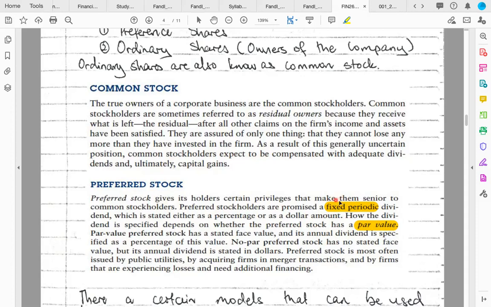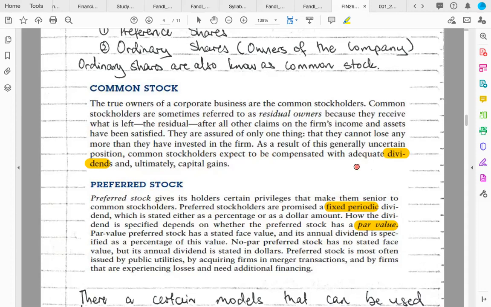You touch upon different types of preference shares if you keep studying financial management, but for now you just have to know that preference shareholders receive a fixed dividend regardless of whether the company is making profits or not, whereas for ordinary shareholders, the dividends are at the discretion of the board of directors.